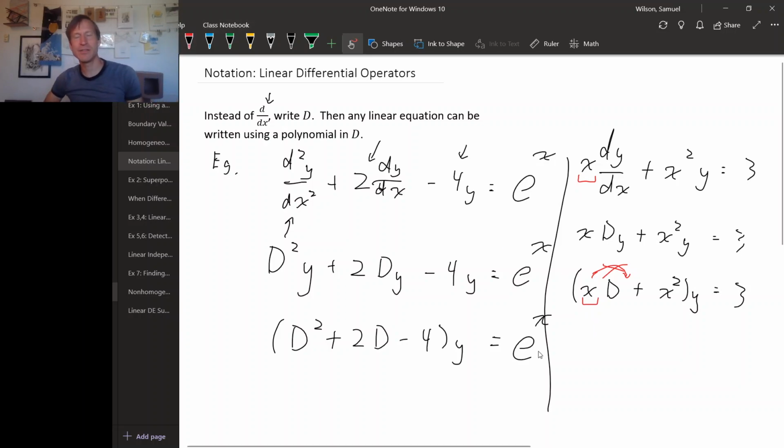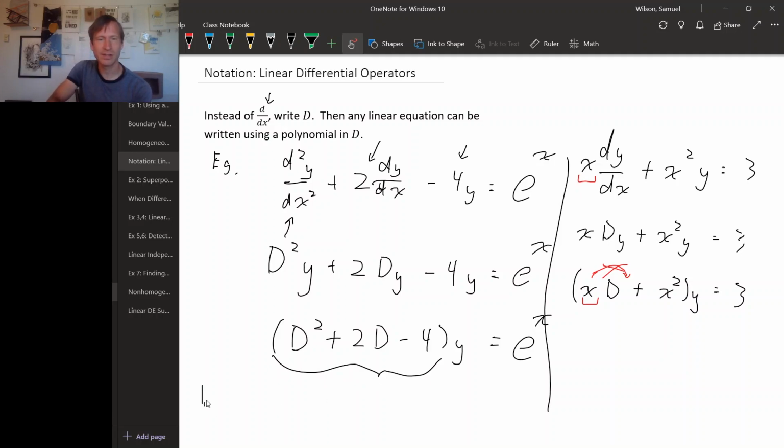The reason why this is a really nice notation trick for talking about general linear differential equations is because this sort of operator is called a linear differential operator. There are a couple nice things about them.